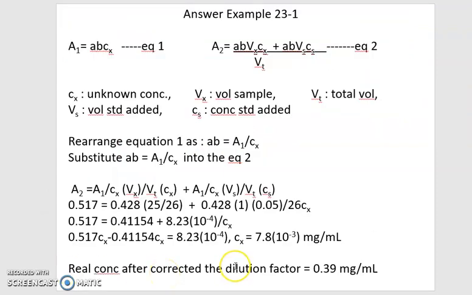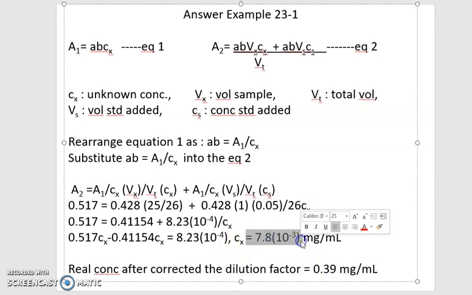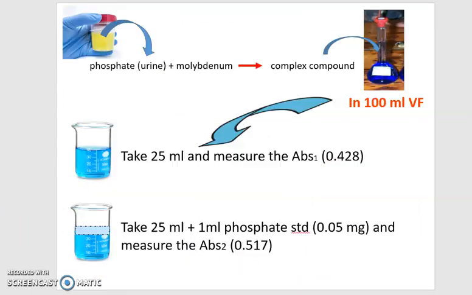So what is the concentration of phosphate in 2 ml urine? The concentration of phosphate in 2 ml urine is this value times the dilution factor, which in this case is 100 divided by 2.